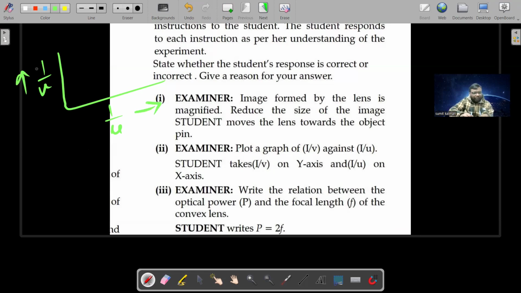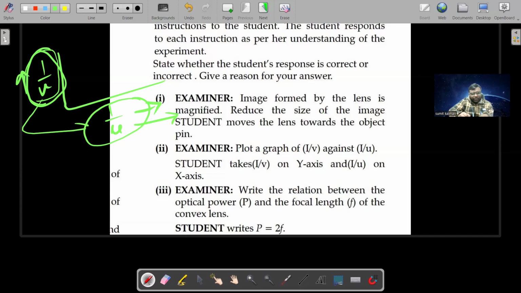Students, as you all know, 1 upon u is an independent variable and 1 upon v is a dependent variable. So if 1 upon u changes, then 1 upon v will also change, because 1 upon v is a dependent variable.